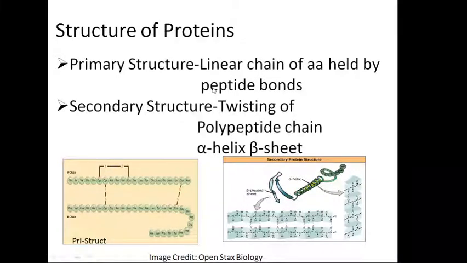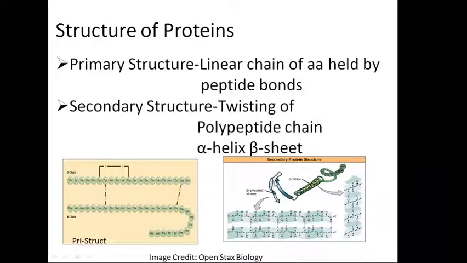You have the secondary structure which includes various types of local conformation in which the side chains are not involved but formed by the repetitive pattern of the hydrogen bonds between the backbone atoms. Further, there could be the alpha helix or the beta pleated sheet.